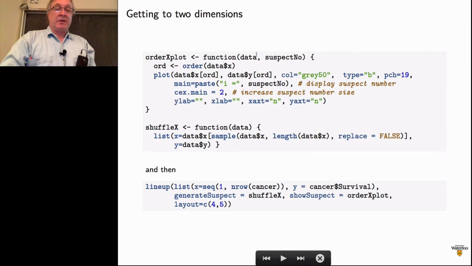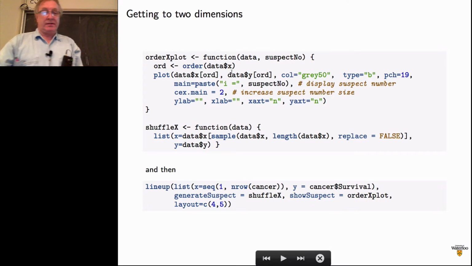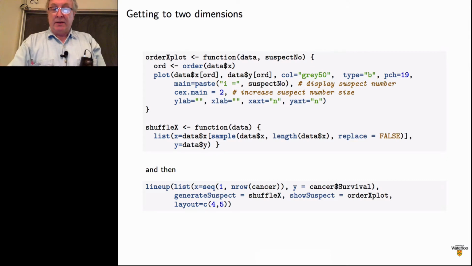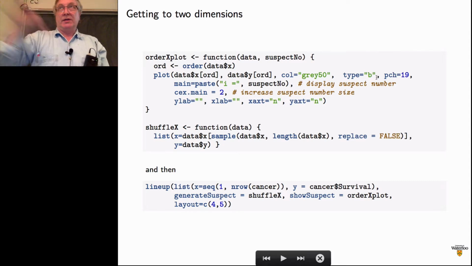And suspect number. So I'm going to get the order of the X's, right? And then I'm going to plot the data according to the order of the X's. So the Y is going to follow the order of the X's, from smallest to largest. That's how I'm going to display things, just a plot. And I'm going to connect the dots here, so type equals B, both circles and lines between them.